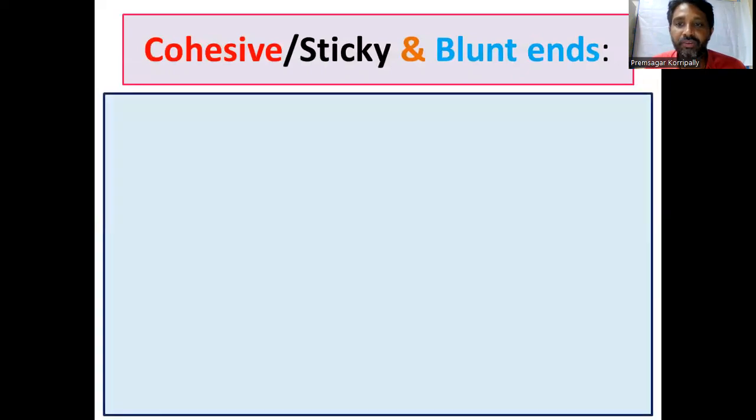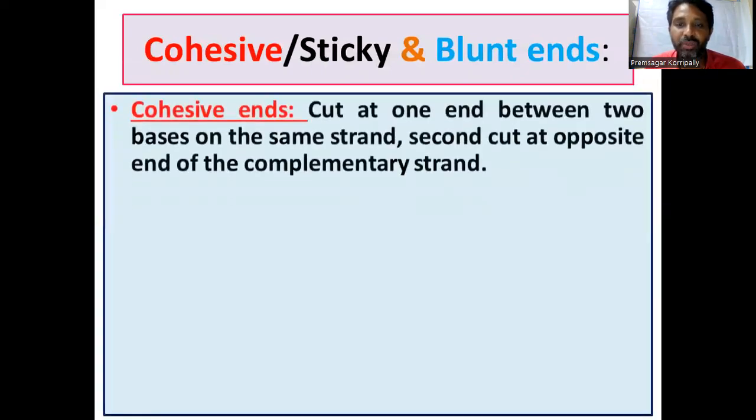Here we can see the definition of cohesive end and blunt end. Cohesive ends: to release the DNA fragment from its source, two phosphodiester bond breaks are required, right?